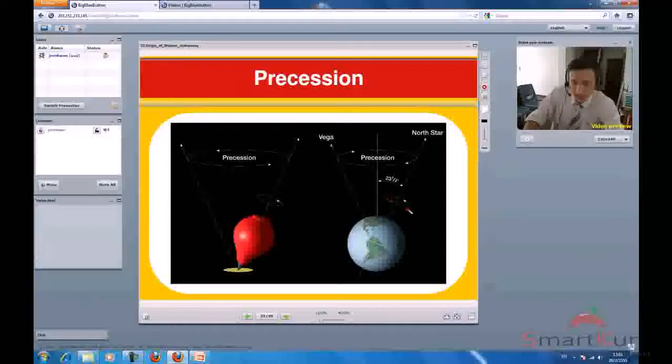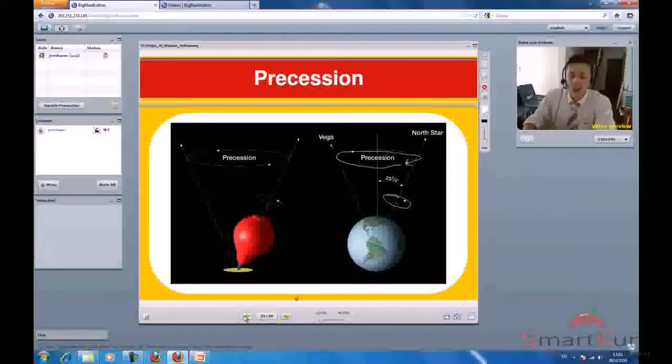Imagine if we take a top and we spin the top around. It's going like this, very quickly. That's just like the rotation of the Earth. Now, if you've ever seen a top spin, you know that as the top slows down, it starts to wobble back and forth. And then finally it topples over.